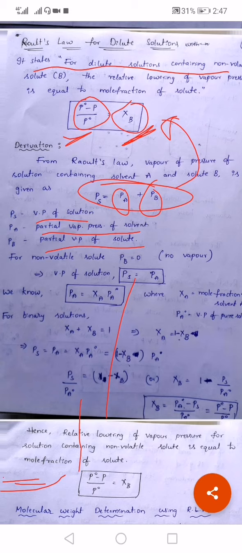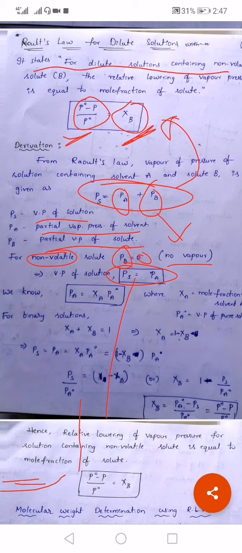Next, let us see how this can be modified into this form. Since we have taken B as non-volatile, the contribution from B, a non-volatile solute, towards vapor pressure will be 0, since it has no vapor by its nature. Therefore, the total vapor pressure of the solution will be only due to A, the solvent.